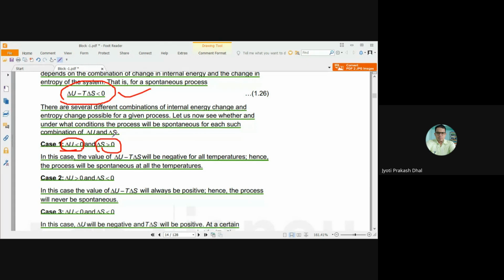So in this case, the value of del U minus T del S will always be negative. So for all temperature, the process will be spontaneous, at any value of temperature.